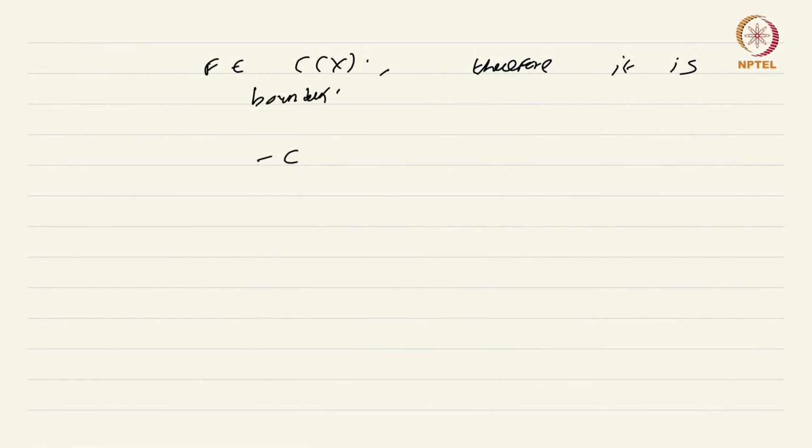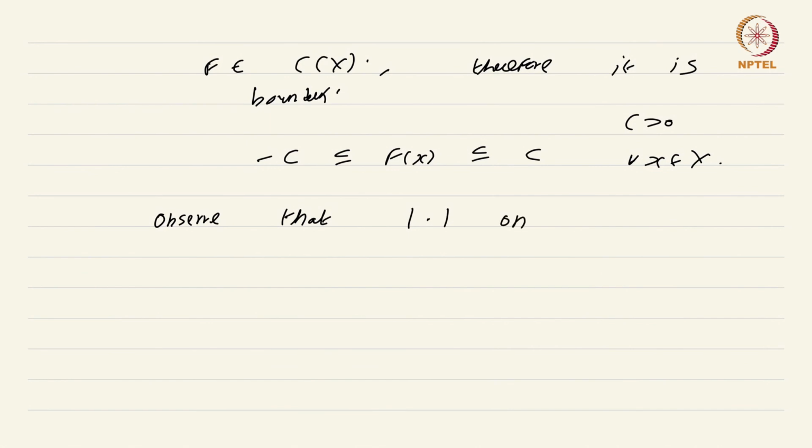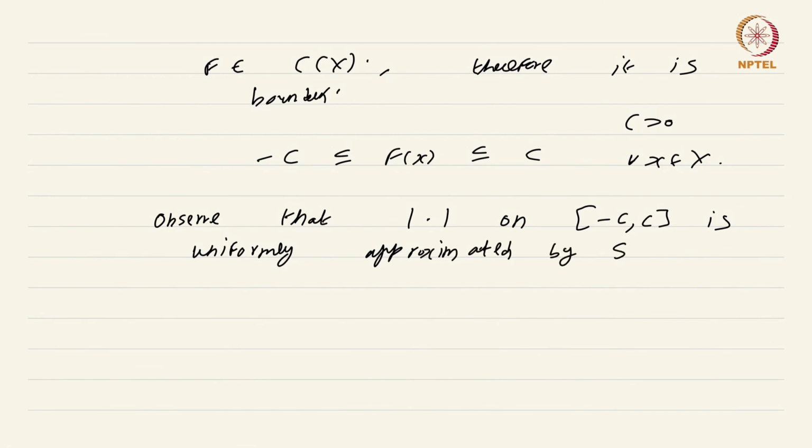So we have minus c less than or equal to f of x less than or equal to plus c, c greater than 0, for all x in X. Now observe that the absolute value function on the closed interval minus c to c is uniformly approximated by some polynomials, let's say Pn.